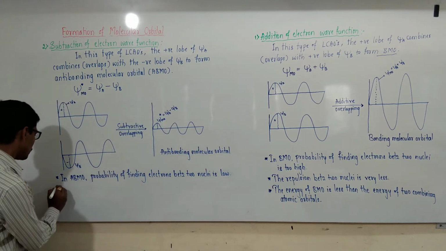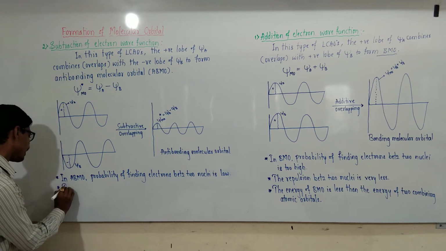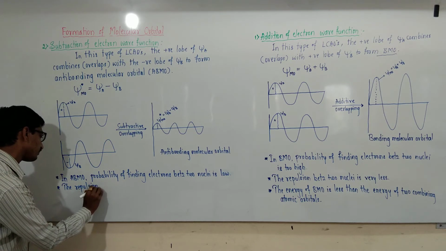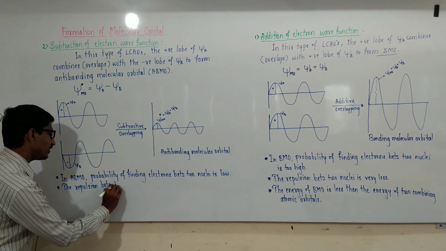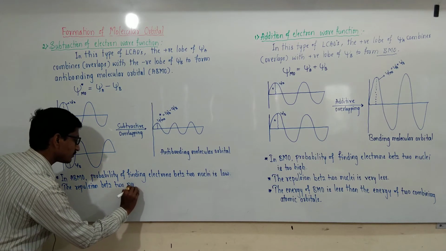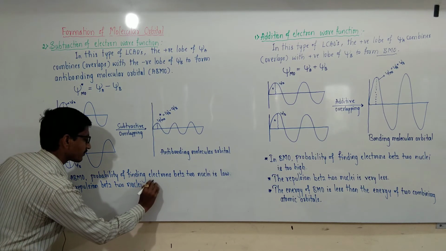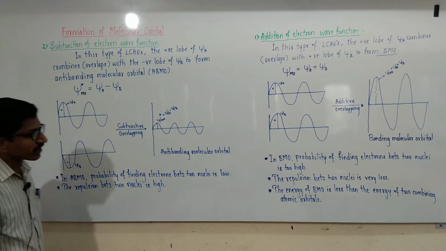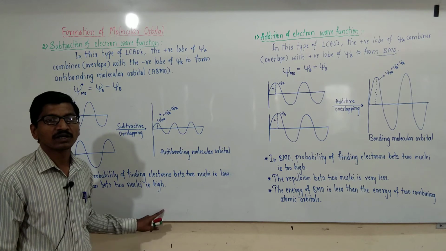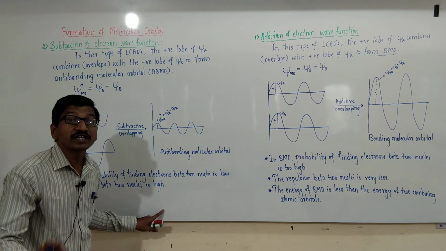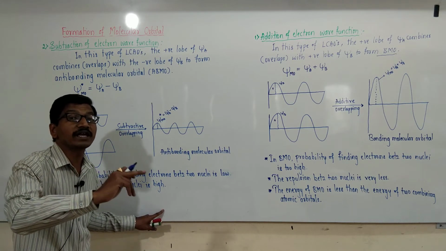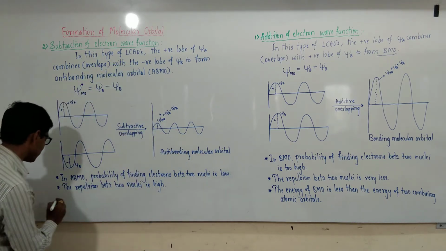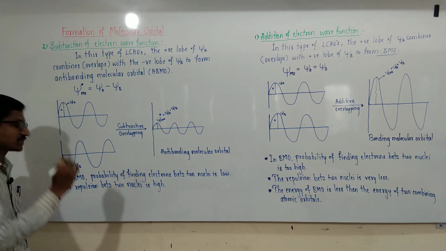Electron density is too low, and the repulsion between two nuclei is high. Repulsion is high, then the energy of the anti-bonding molecular orbital is more than that of the combining atomic orbitals. Where repulsion is higher, the energy is higher.